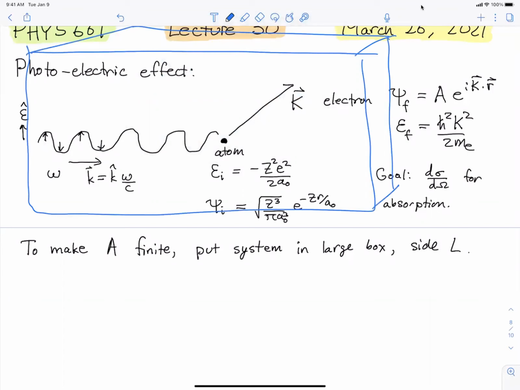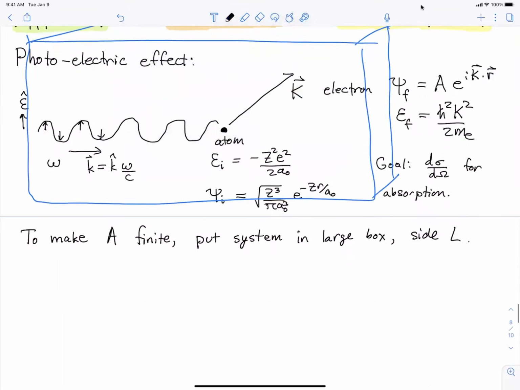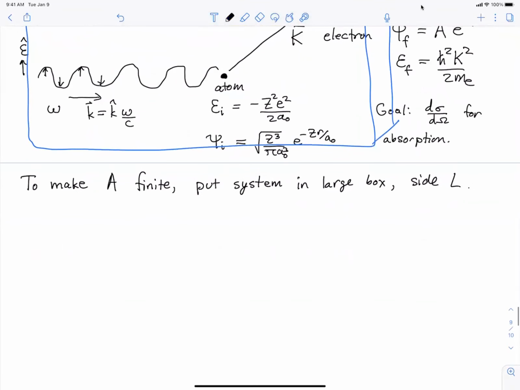Okay, and so now we can figure out what the normalization is. Because if we're going to normalize the state to 1 now, that's going to be the integral over the box times the wave function of the final state in magnitude squared.